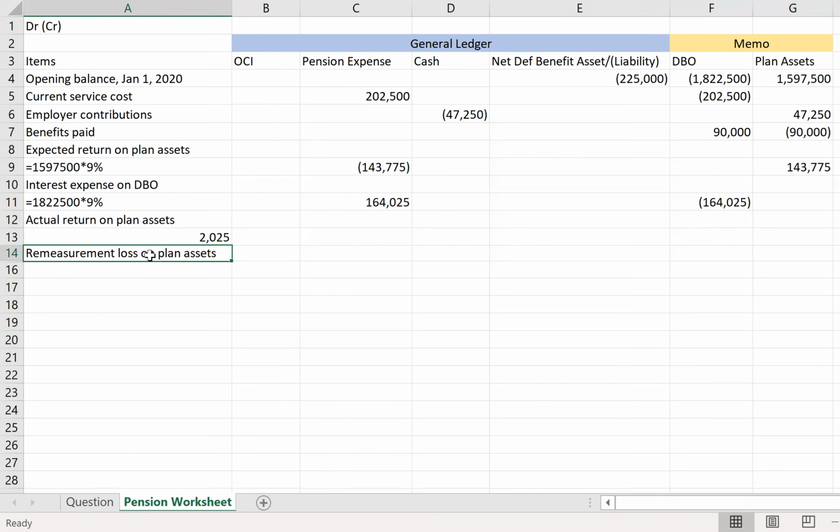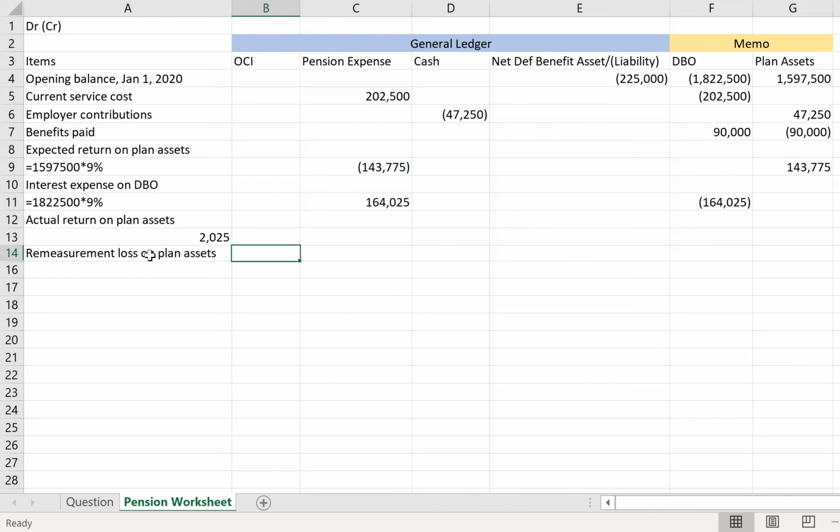And under IFRS, remeasurement losses, because it's a difference between the expected return we were provided by the actuaries and the actual return that happened, we're remeasuring what we had expected on that return. This is going to go through OCI. And now remember that the $2,025 is a loss.